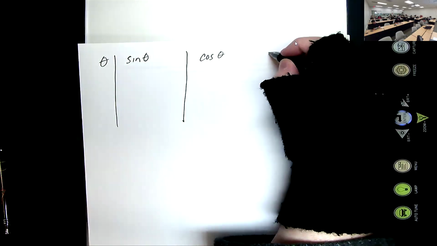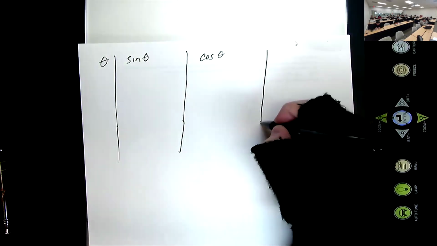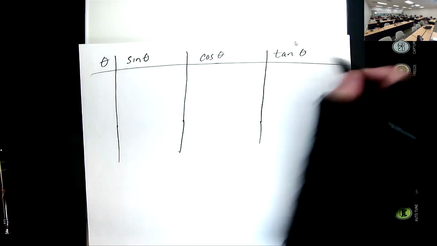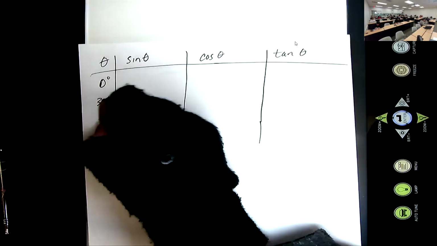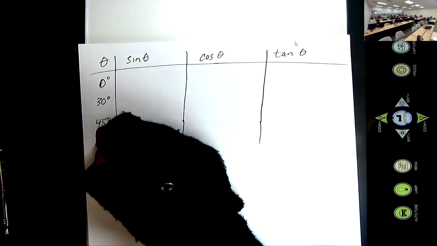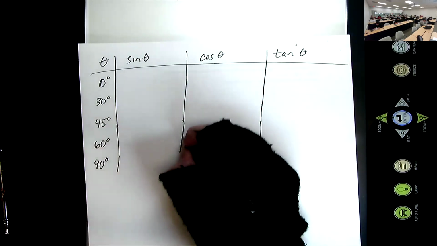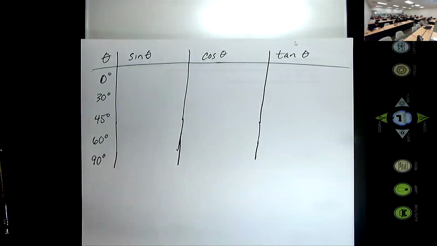Cosine theta kind of wide. And tangent theta kind of wide. And for theta, we're going to do 0, 30, 45, 60, and 90. And you're going to be doing fractions in this, so put some vertical spacing in there too to make it pretty for you.